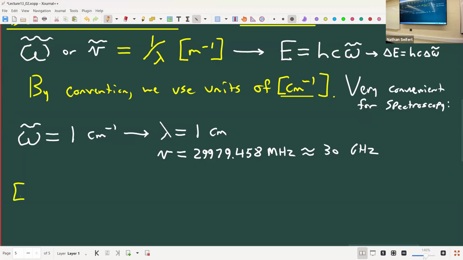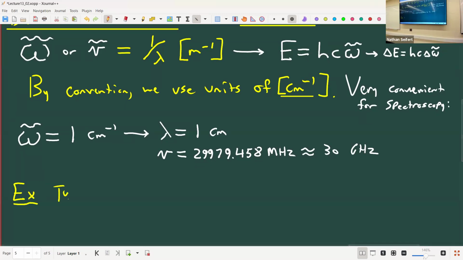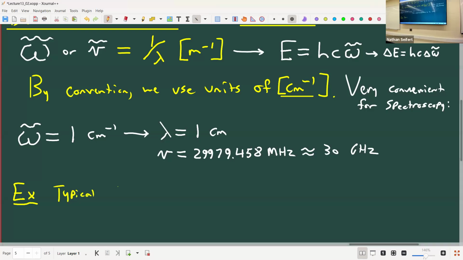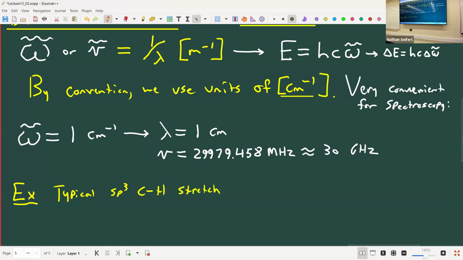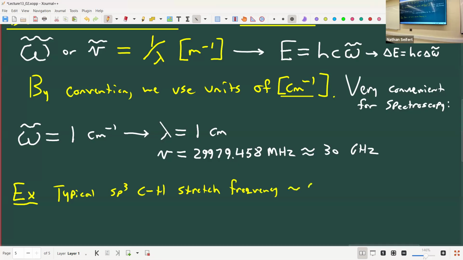An example would be the typical sp3 CH stretch frequency in the infrared, which has a wave number of approximately 3,000 wave numbers.